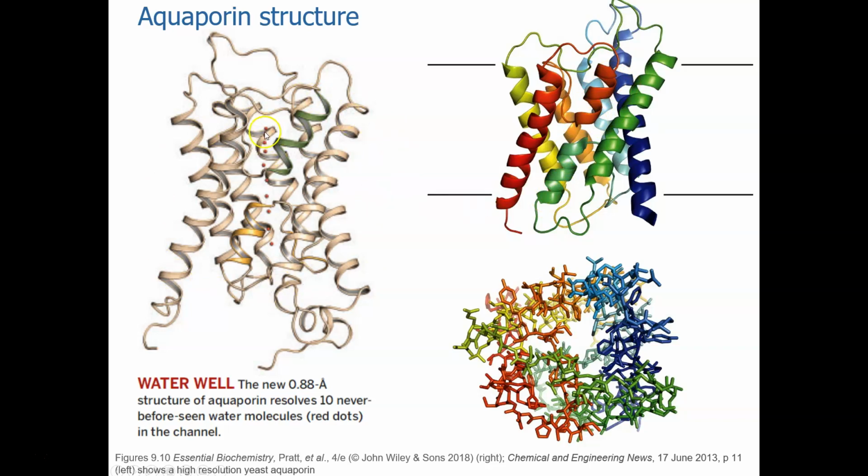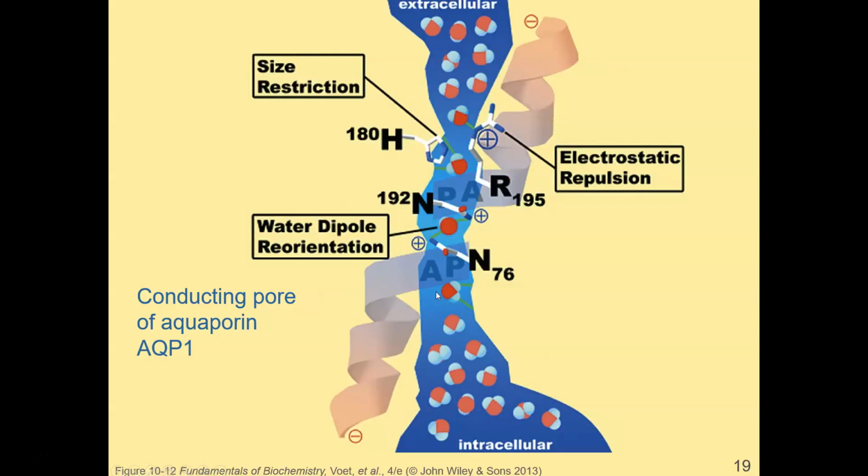In this picture, these red dots are meant to represent the water molecules, and here they're just showing the oxygen of the H2O and not showing the hydrogens. And here's another example right here from our textbook of the aquaporin.